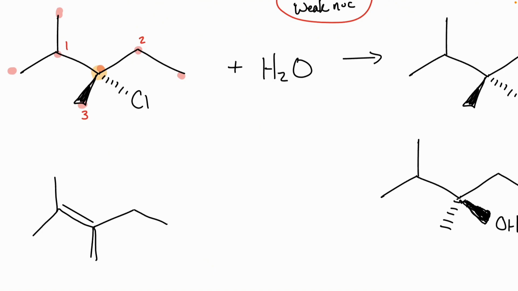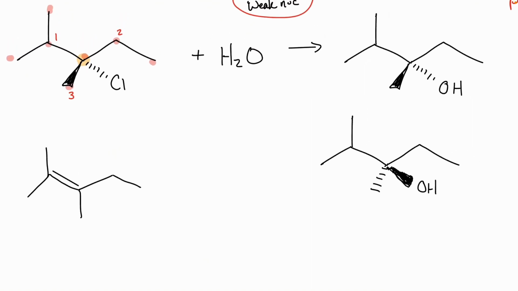If you left this as a wedge, I wouldn't be too picky about it. But technically speaking, it's not correct because, remember we talked about how all these atoms are in the same plane, so they form a flat shape around our double bond. But I'm not going to get too bogged down about that.